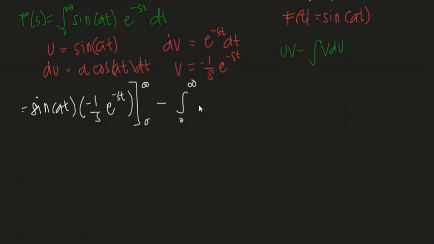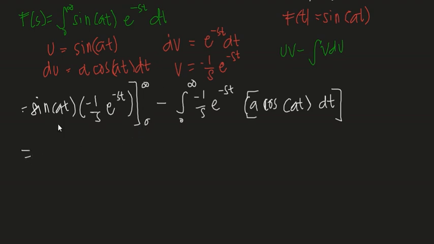V naton will be negative 1 all over s e raised to negative st. Then du naton is a cosine at dt. Okay, so we are going to perform and evaluate the operation here, substituting our lower and upper limit.